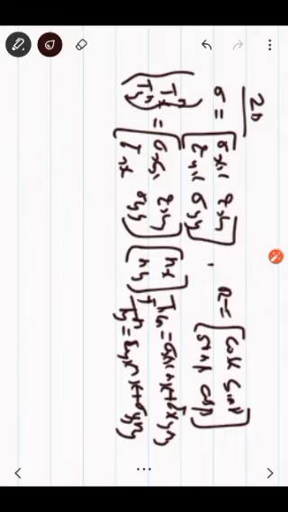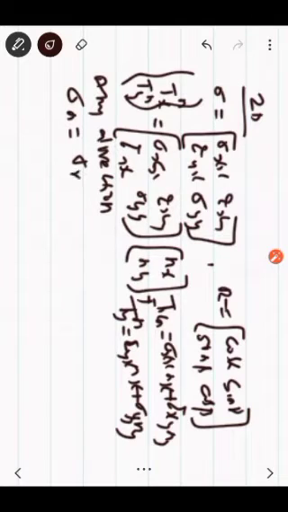The same way you can write it for the normal direction, any direction. Sigma n equal to Txn nx plus Tyn ny.